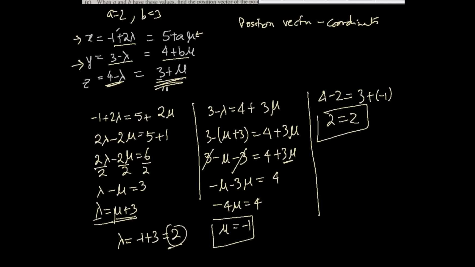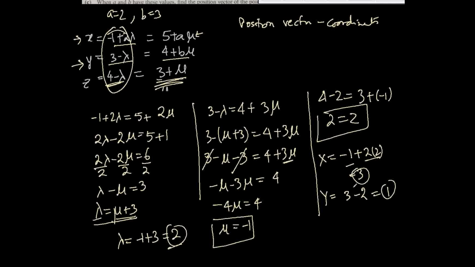So let's use lambda in these equations to get the coordinates. X equals minus 1 plus 2 lambda. Lambda is 2, so it becomes 4 minus 1, which is 3. Y equals 3 minus lambda, which is 2, so 1. What about Z? 4 minus lambda, 2.